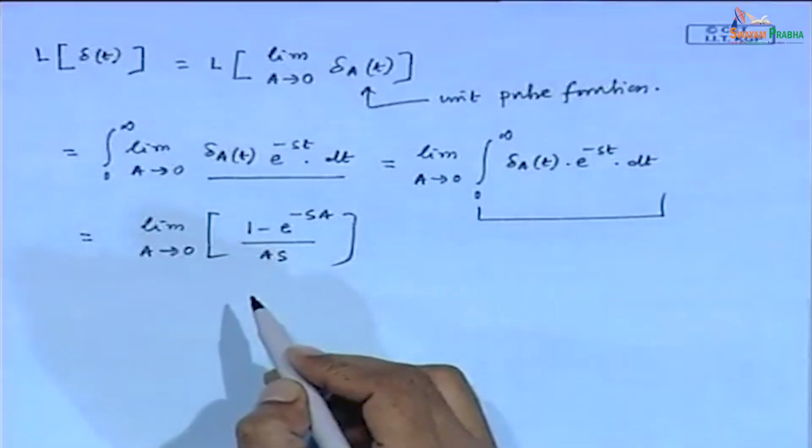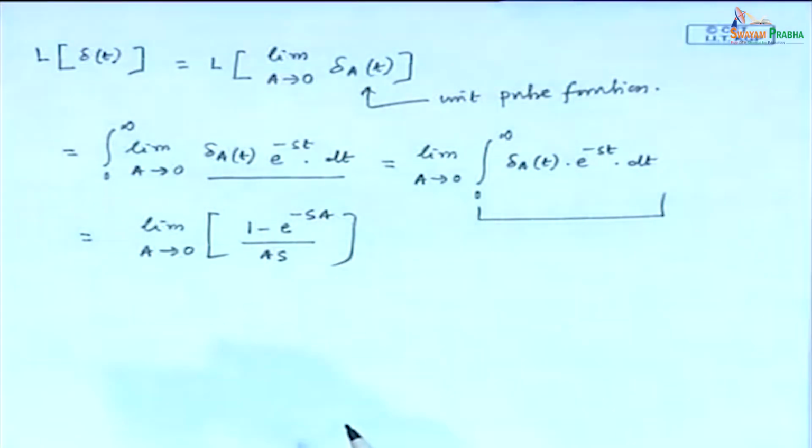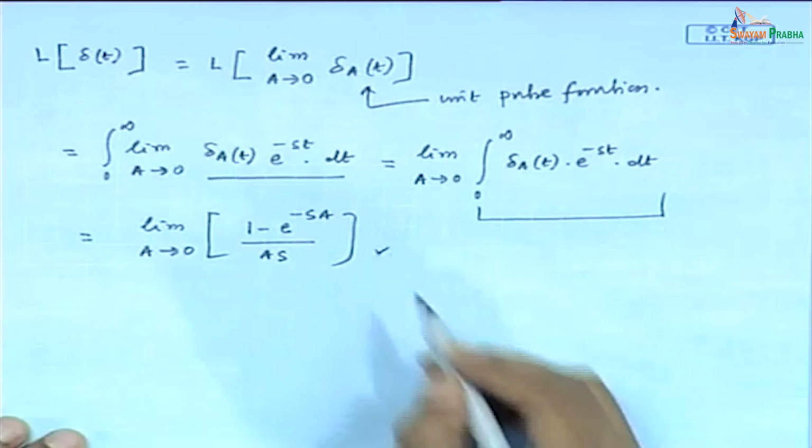Fine. So, we have derived the Laplace transform of the pulse function, that is a by s times 1 minus e to the power minus b s. Just we need to replace b by a and a by 1 by a, then we will get this equation.